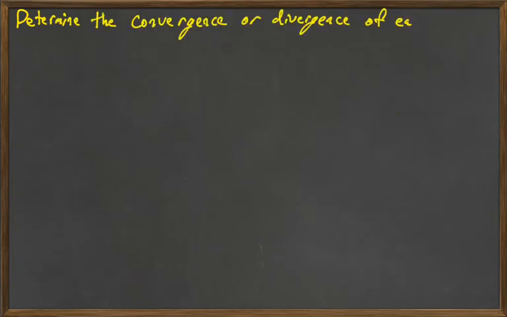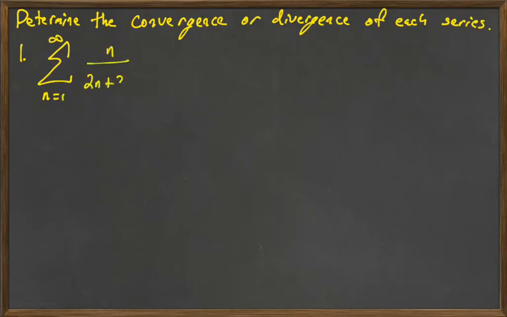Okay, so we're going to determine the convergence or divergence of each series. So we're going to look at the sum n equals 1 to infinity of n over 2n plus 3. Now, probably one of the first series tests I'm going to look at very quickly is the nth term test.